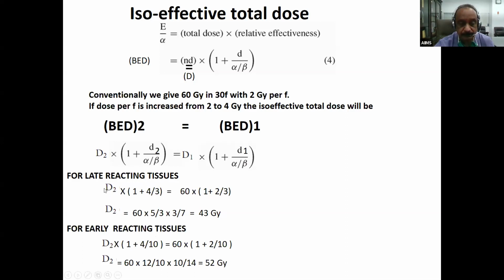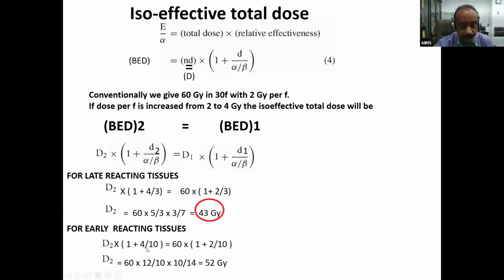Now D2 is the total dose which we need to calculate. D2 is now 4 gray, so dose per fraction is 4. Alpha beta ratio for late effect is 3. This will be equal to D1, that is 60 gray, multiplied by 1 plus dose per fraction 2 gray over alpha beta ratio 3. And when you calculate, it comes out to be 43 gray.